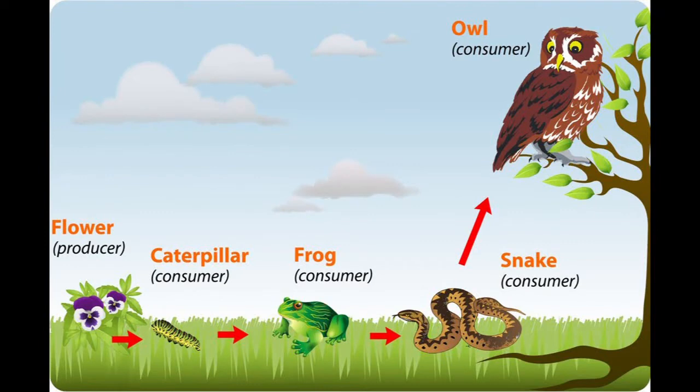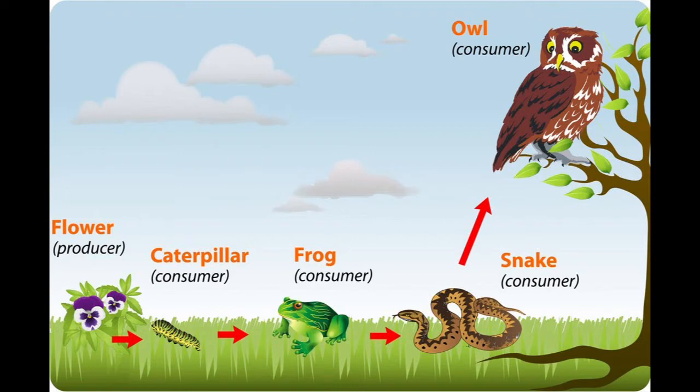Take a look at another example of a food chain, which of course starts with a producer, which is our flower, that is being eaten by our caterpillar, our primary consumer, our first consumer, which is an herbivore that eats plants.